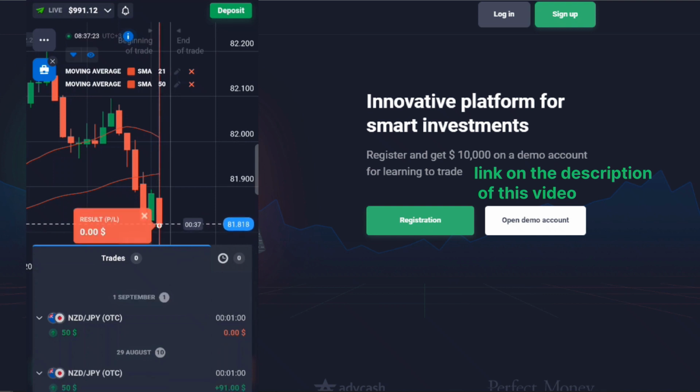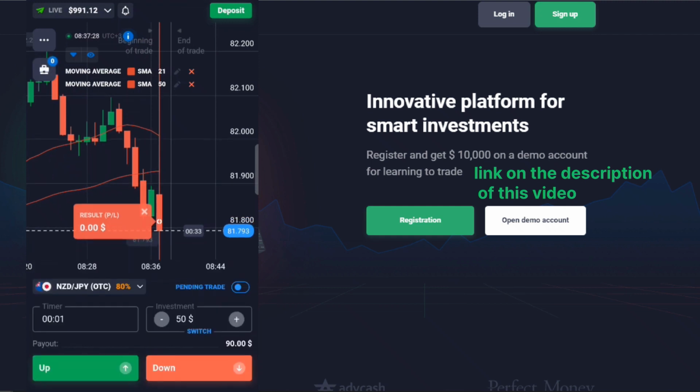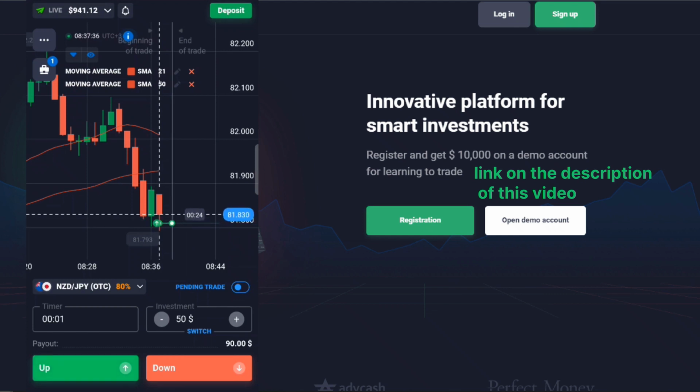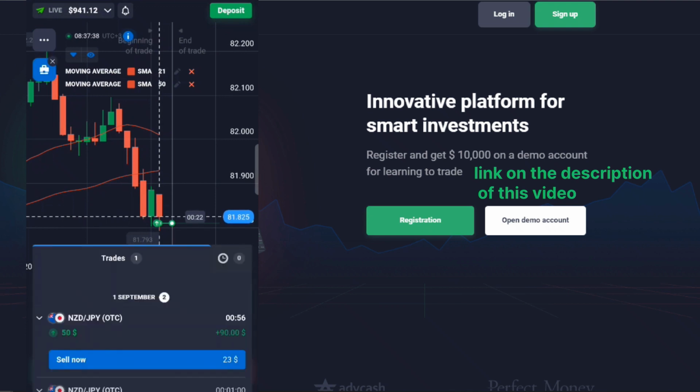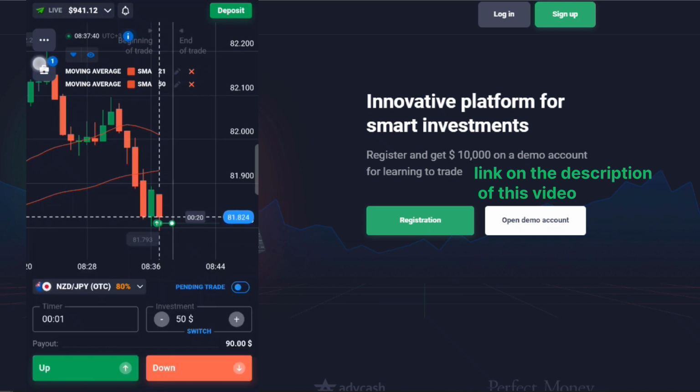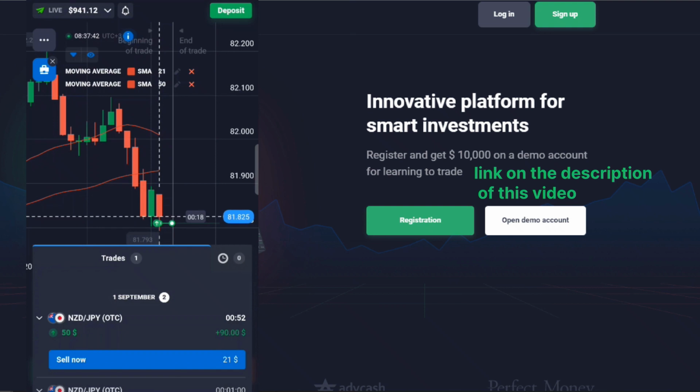Okay, so the strategy that I want to use now is what we know as the same color legendary method, whereby you trade based on the color of the last candlestick. The candlestick that closed last closed green, so we'll go up twice again on that.